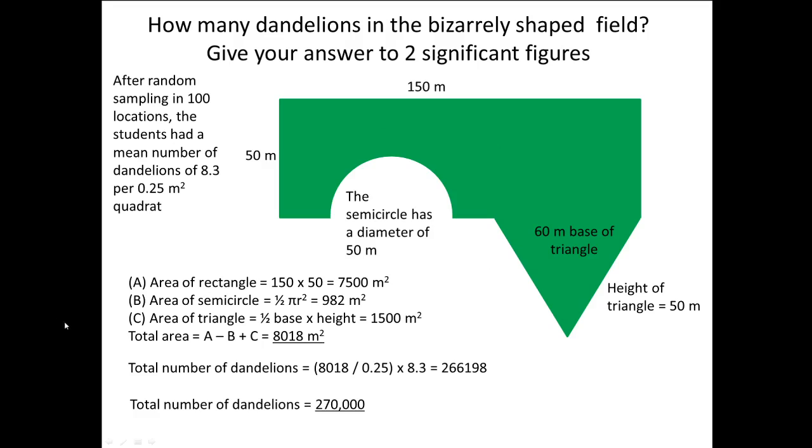Now, in physics, a physicist would say that the mean number is 8 because they've measured dandelions and you can't have point of a dandelion. So a physicist would say 8. In biology, we earn a decimal place when we have lots of data. It's like the average family size in the UK is 2.4 children.